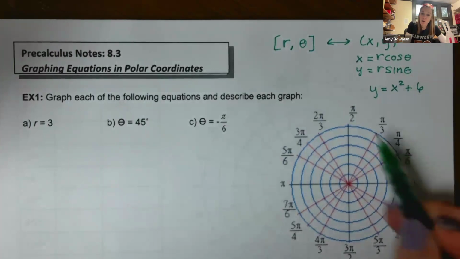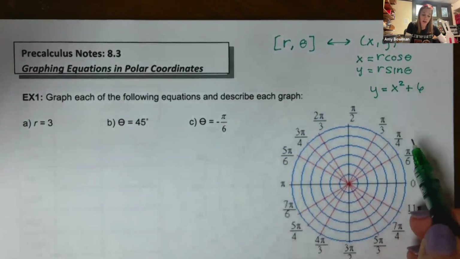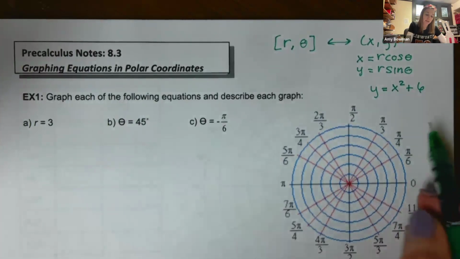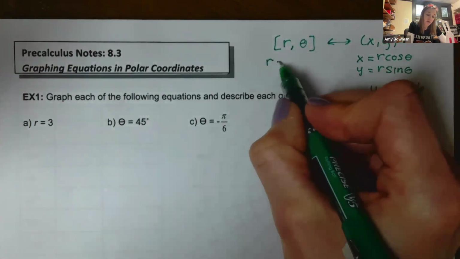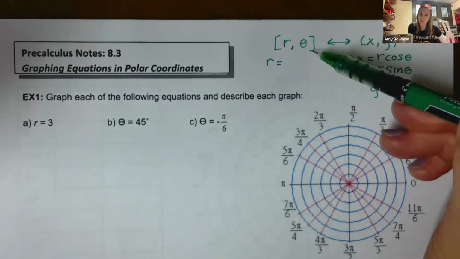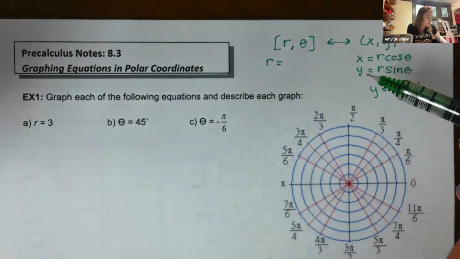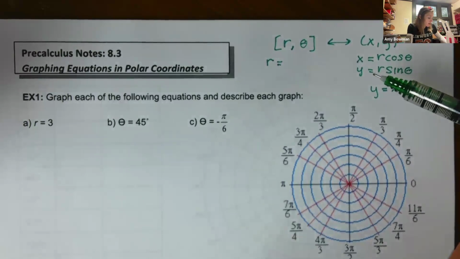In polar graphs, typically what we're going to see is equations given by r equals, and then based on what comes after that, usually in terms of theta, it will generate different graphs. So that's just kind of a quick intro. I'm going to get right into it.